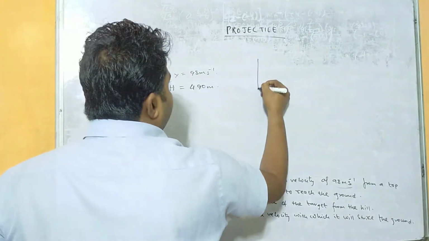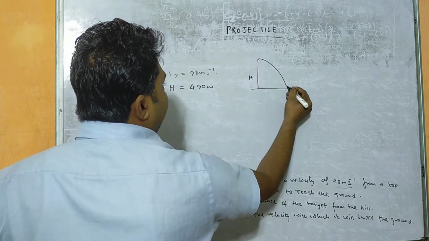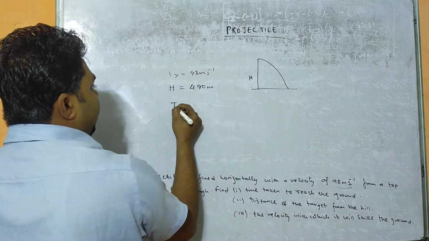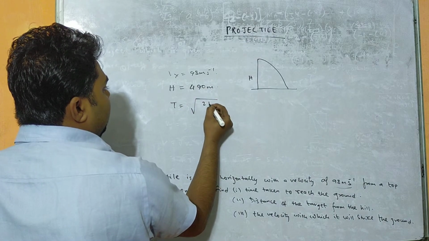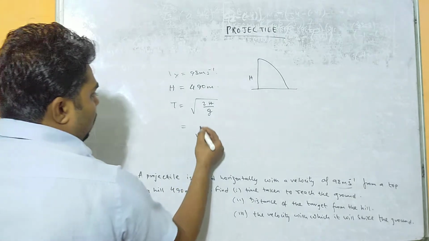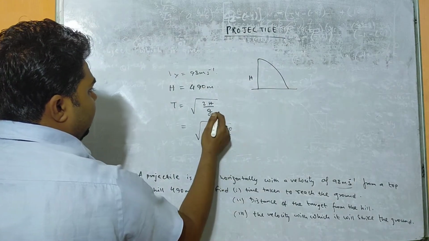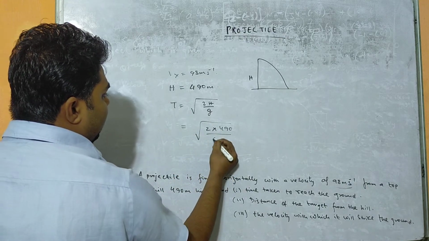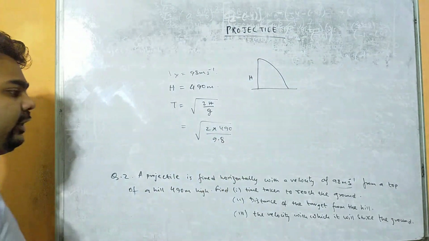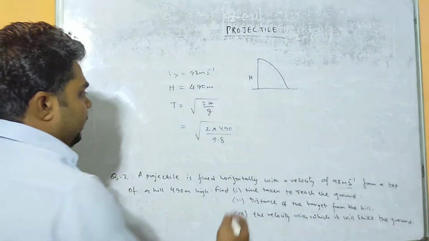So when an object is thrown from a certain height, we know if the height is h, the time taken will be root under 2h by g. This is the formula. So root under 2h, how much is h? 490, and g is 9.8. Right? In this question it is not given as 10 meter per second square, so we have to take 9.8 here.